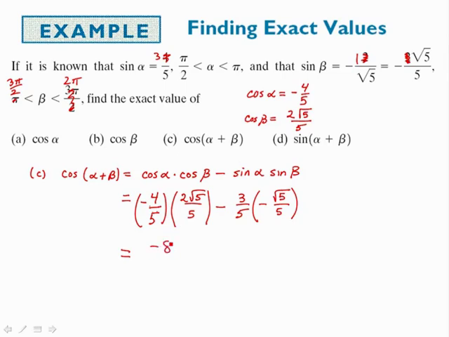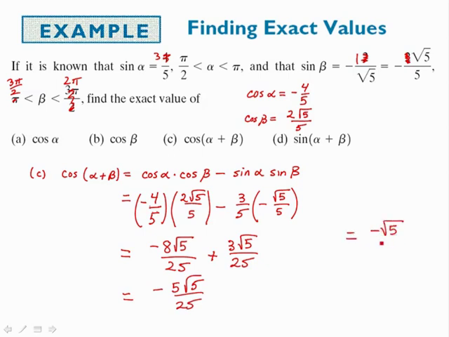So let's see, I have -8 root 5 over 25 plus 3 root 5 over 25. So that's going to be -5 root 5 over 25. Is that right? Which is -root 5 over 5. How interesting.